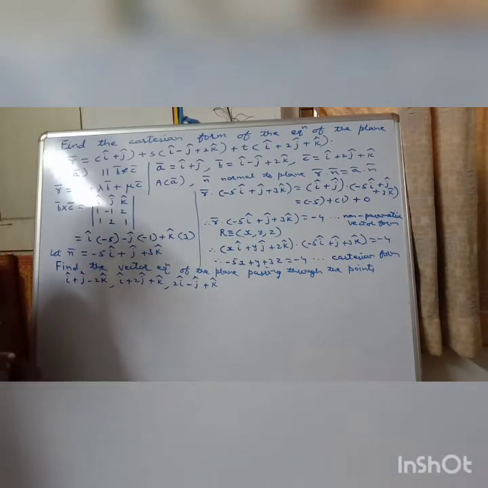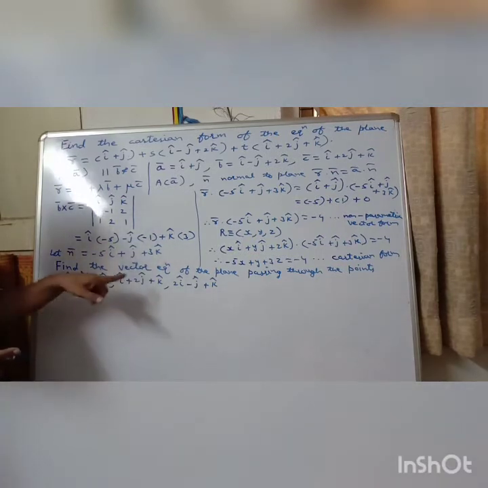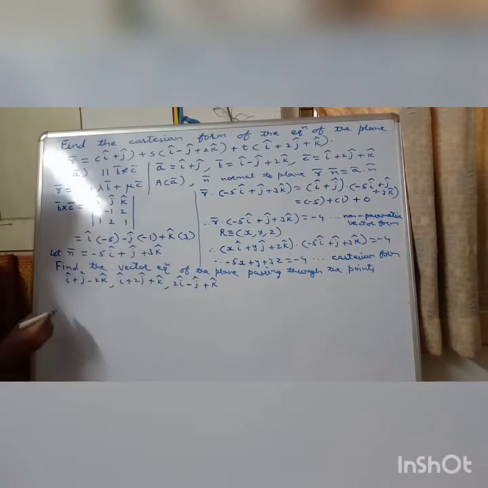Now in this example, position vectors of 3 points in the plane are given and we have to write the equation of the plane in vector form. Suppose these are the position vectors of points A, B and C. Position vectors are usually denoted by small letters.